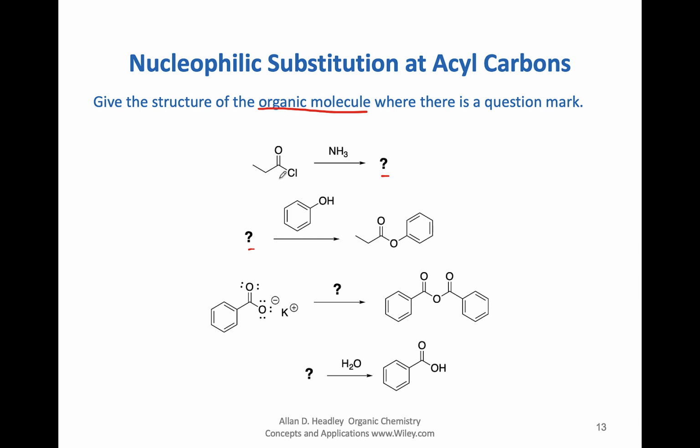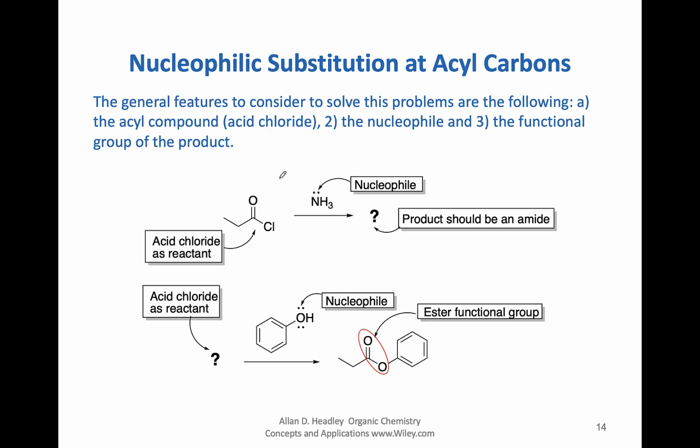In the next slide, I have some observations that I think you should make before you come up with your answers. So for the first reaction, the observation is this is your acid chloride as a reactant. So here's your leaving group. This is the nucleophile. And the product should be an amide because the N will bond to the carbonyl.